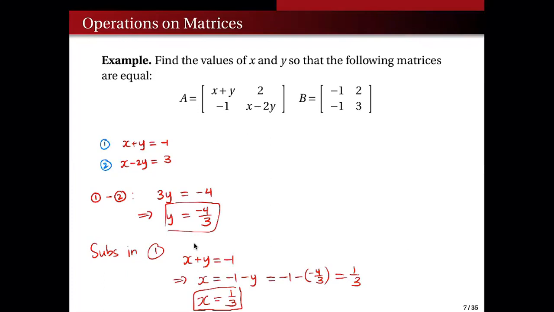So these are the values needed so that we'll have equal matrices. Okay? Questions?